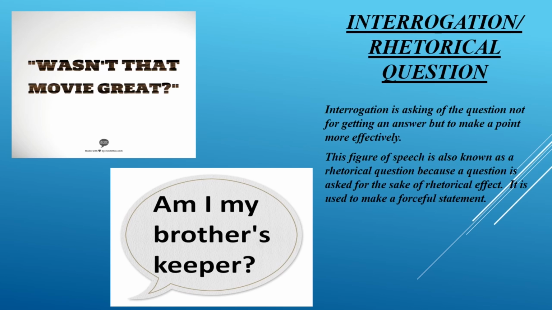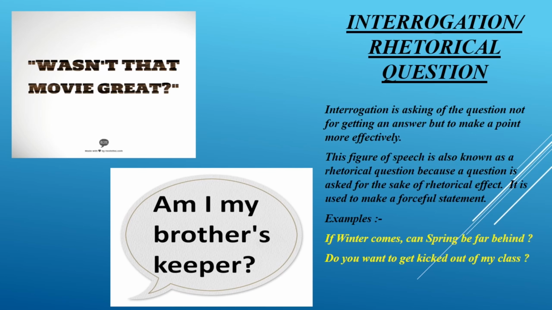Let us look at the examples. If winter comes, can spring be far behind? Do you want to get kicked out of my class? If you wrong us, shall we not revenge? Now all these are questions that are being asked, not to expect an answer.